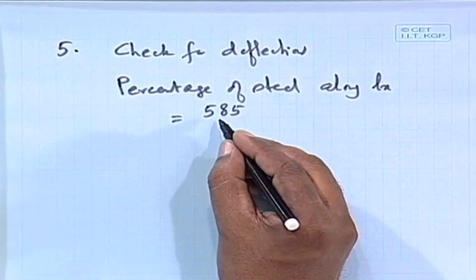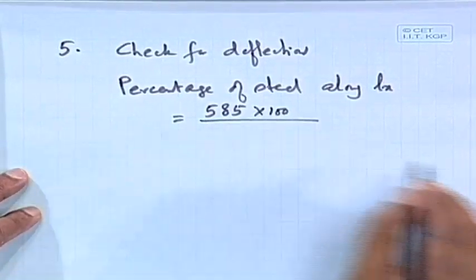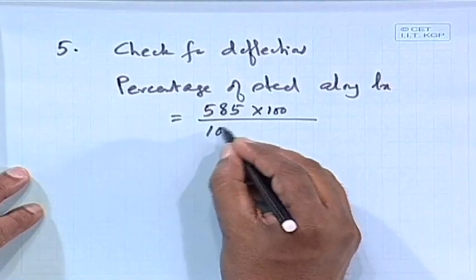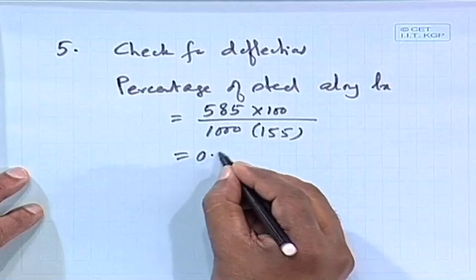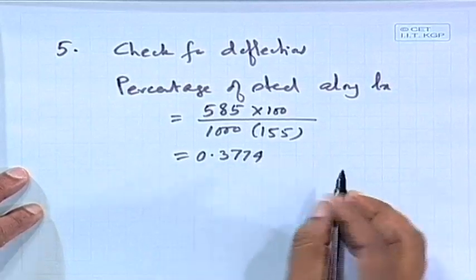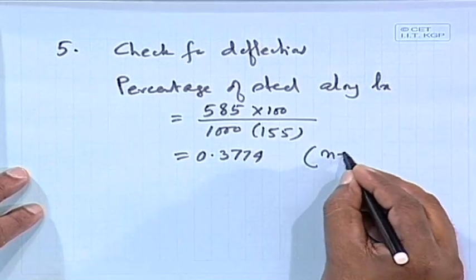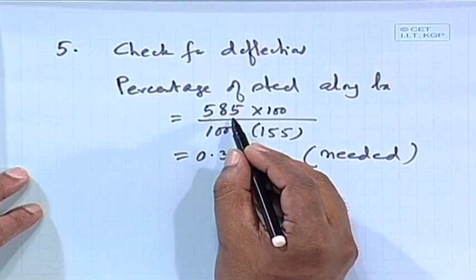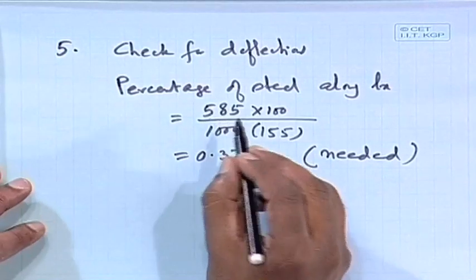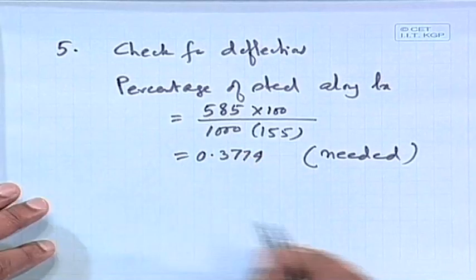We shall take how much is actually needed, how much is required, not how much you have provided. So, we are getting this one. Let me write down the needed, that is required, 585, which we have computed, not the one that we have provided. Please note that particular one.